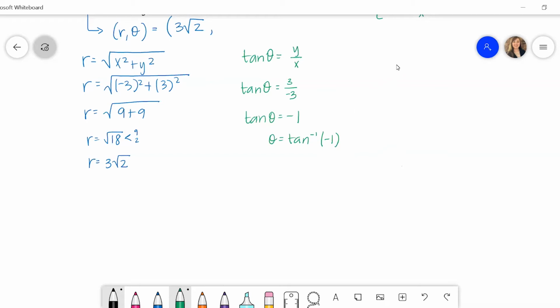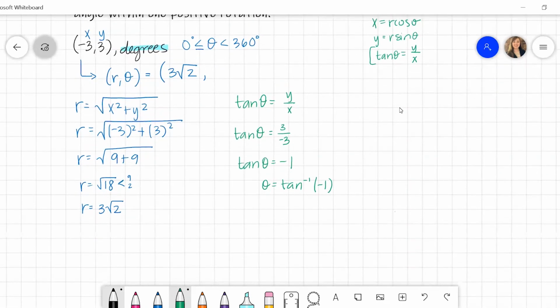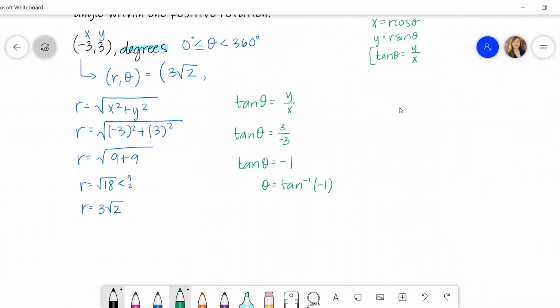As I look at this and as I ask this question, I actually want to be very conscious of where my point is located. So if we were to graph -3, 3, 1, 2, 3, 1, 2, 3, this would be the point that we're talking about here. So this is -3, 3, and we're trying to find the polar coordinate representation of that.